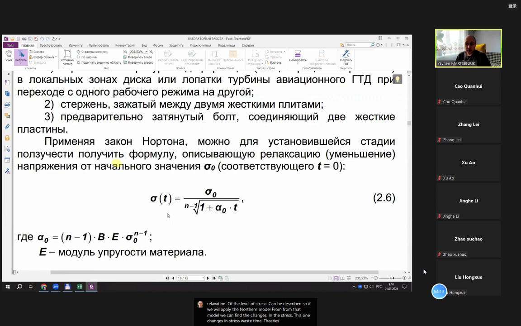Here sigma 0 is the initial stress caused by the actual loading conditions. M is a parameter of the Norton model.